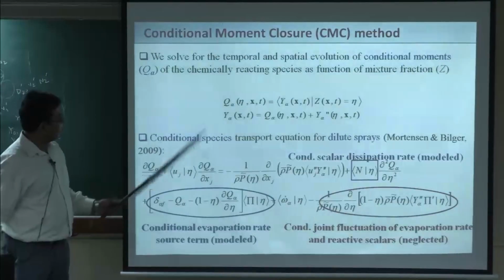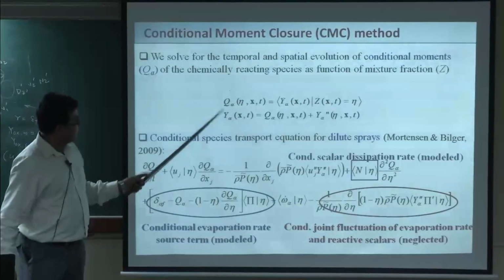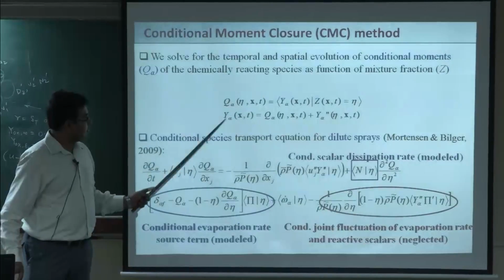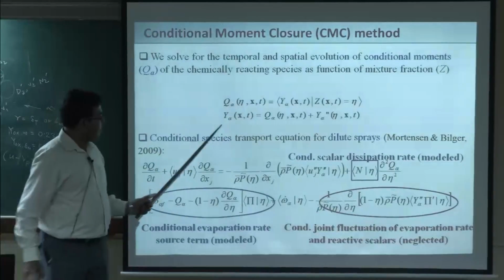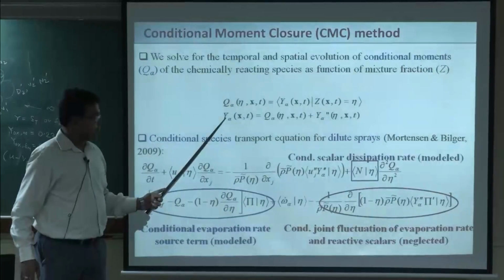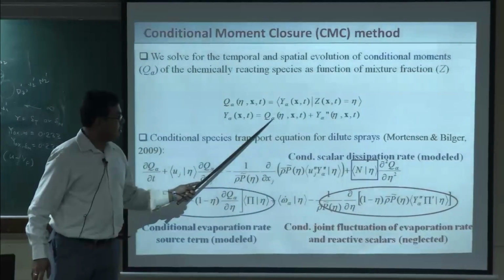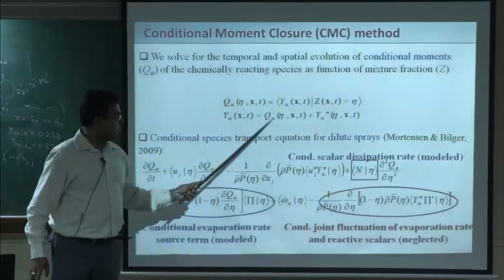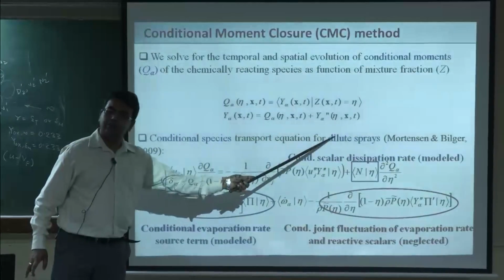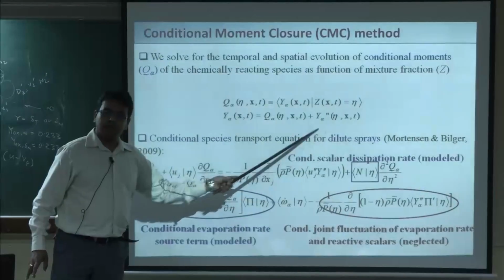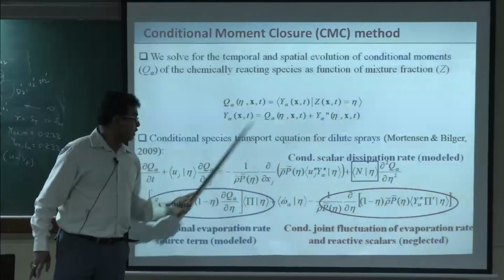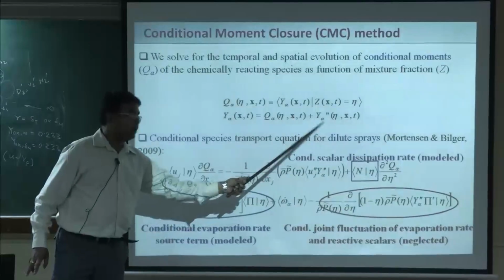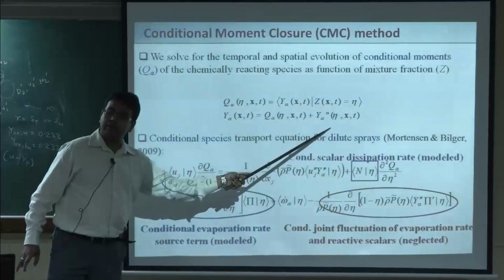What we are saying is that this is the instantaneous quantity, and we can split it into the mean quantity plus the conditional fluctuation. This is the mean quantity, and this is the fluctuation around the conditional mean.